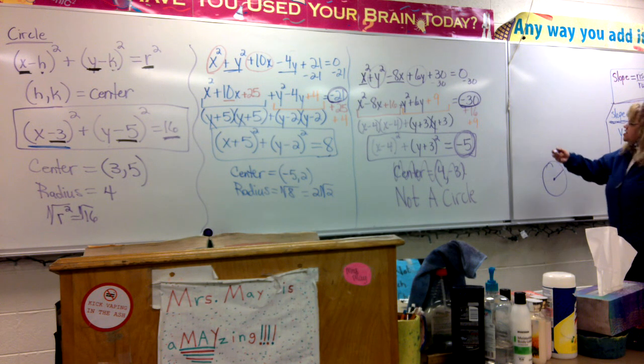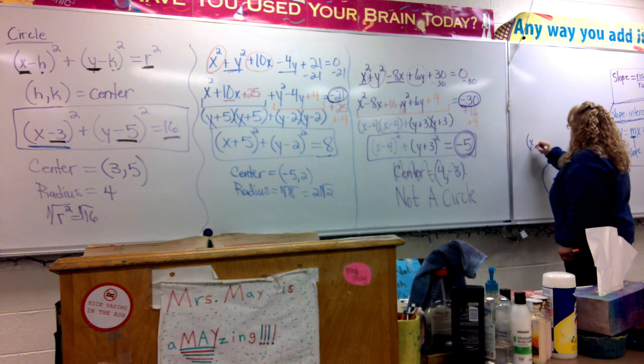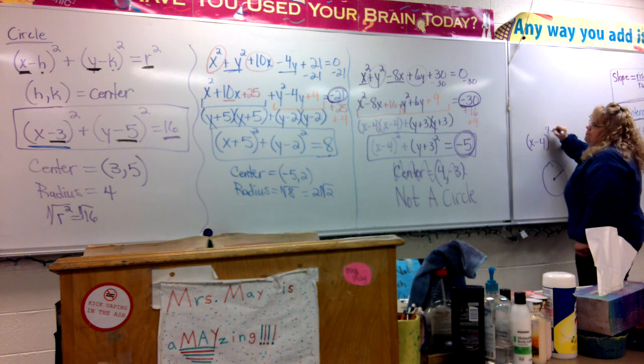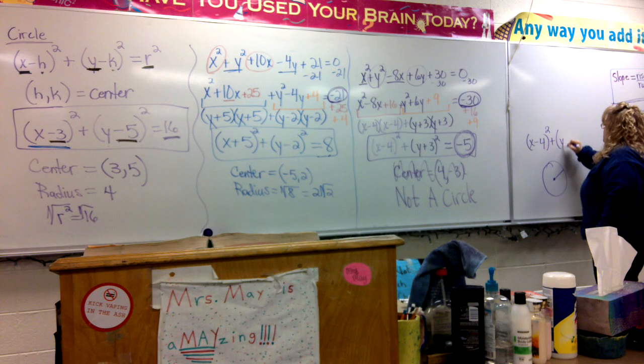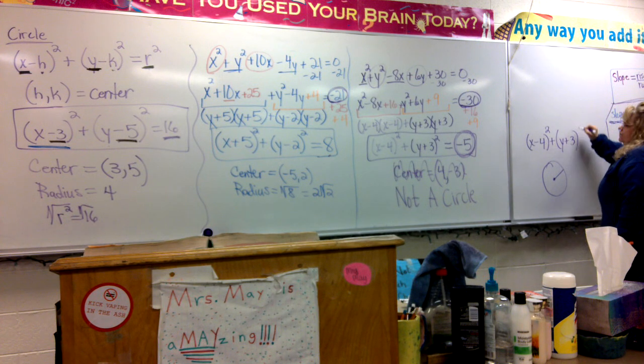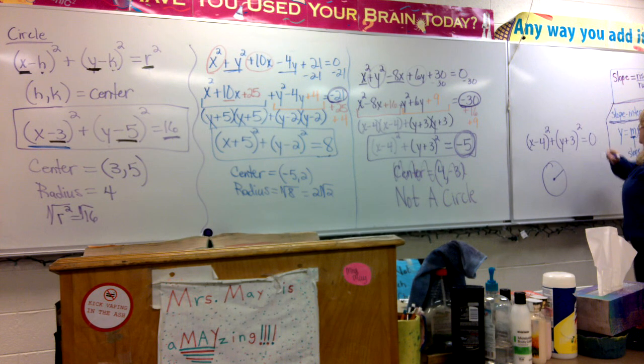Also, there are some that look like this. What does that mean? Is it just like a point? If this, you still have a center, 4, negative 3, I should say.